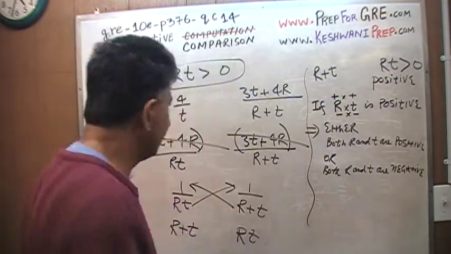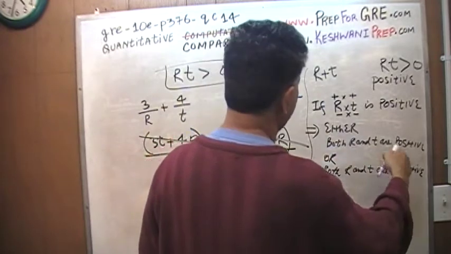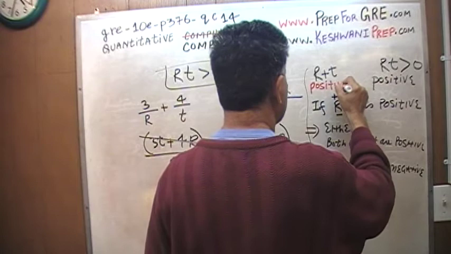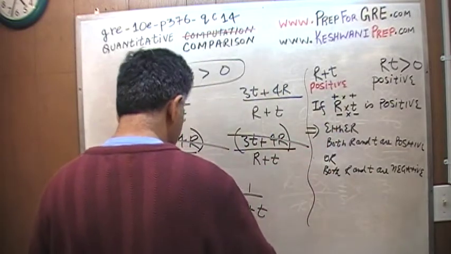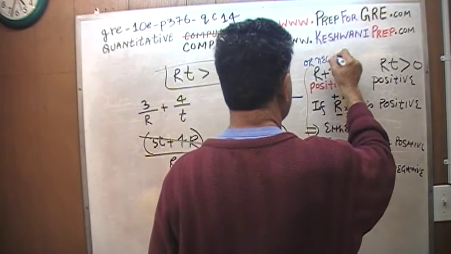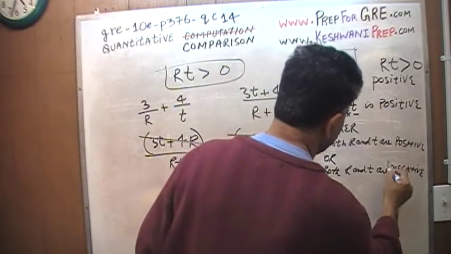So what we just found out is that r plus t, either they are both positive, in which case the sum is positive, or negative. The negative part is right here.